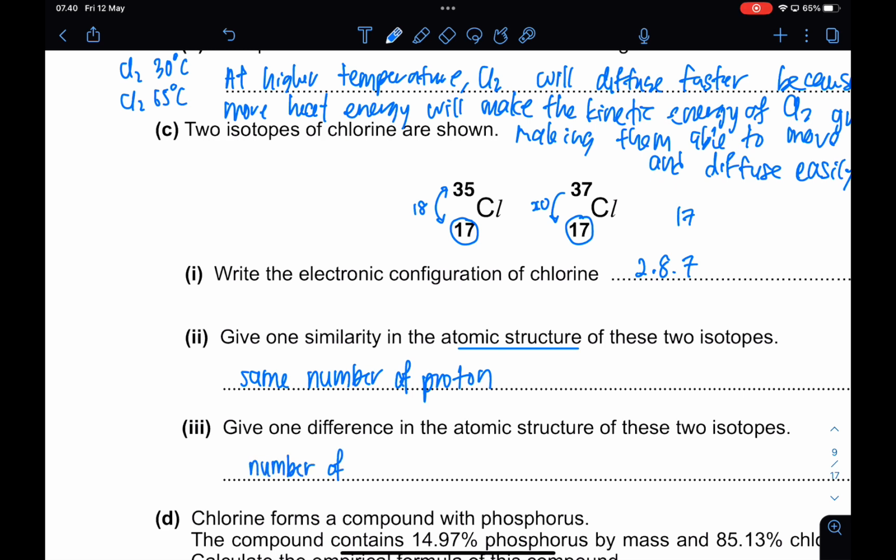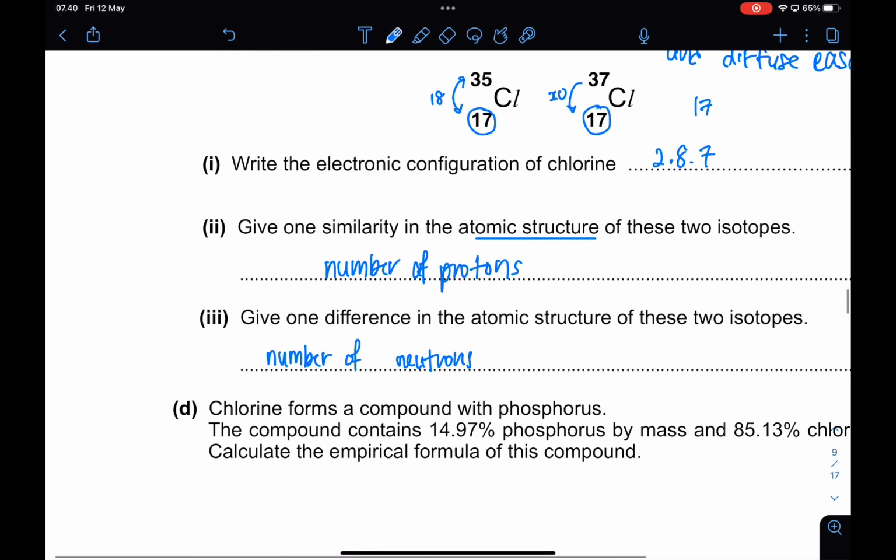The difference is going to be the number of neutrons.